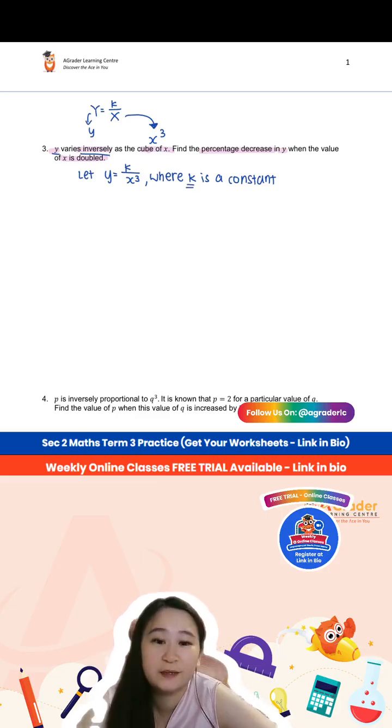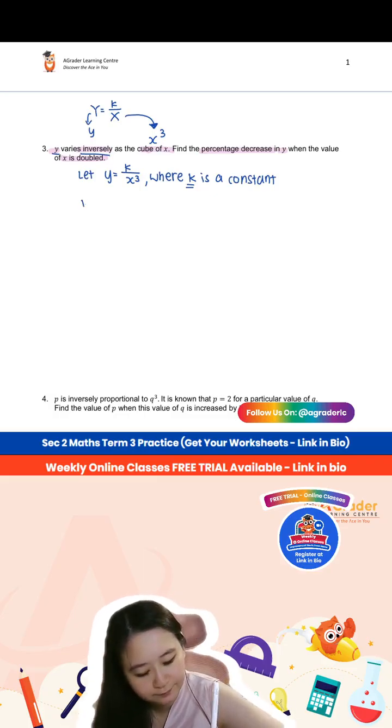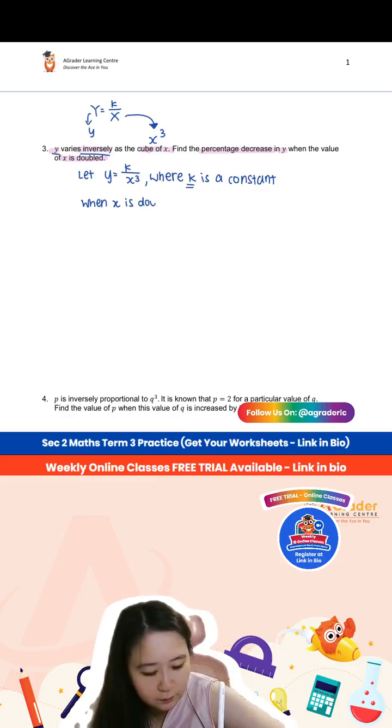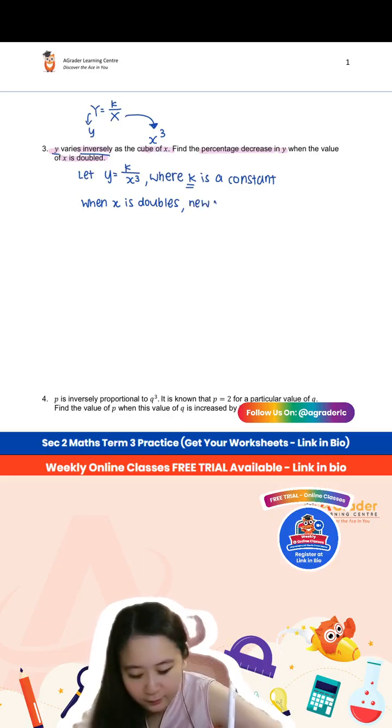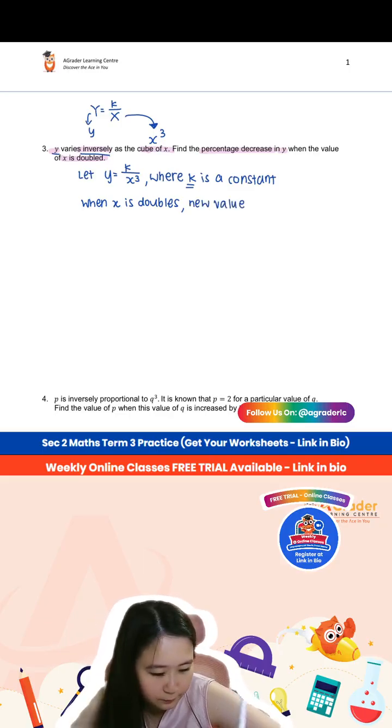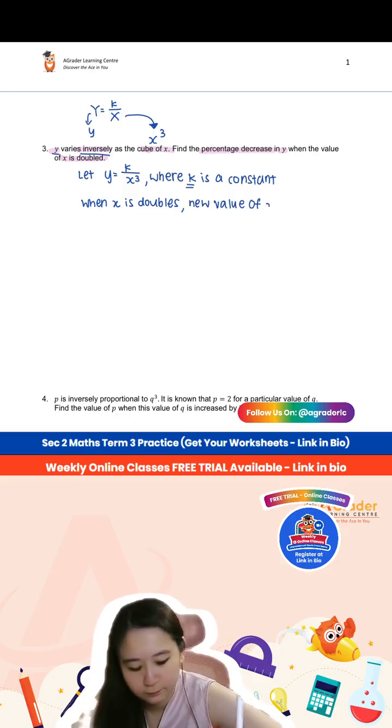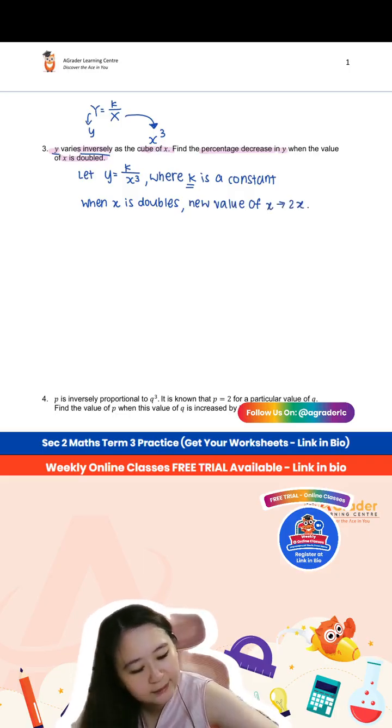So your value of k is just k since it's a constant, there's no changes. Then when x is doubled, the new value of x will be 2x.